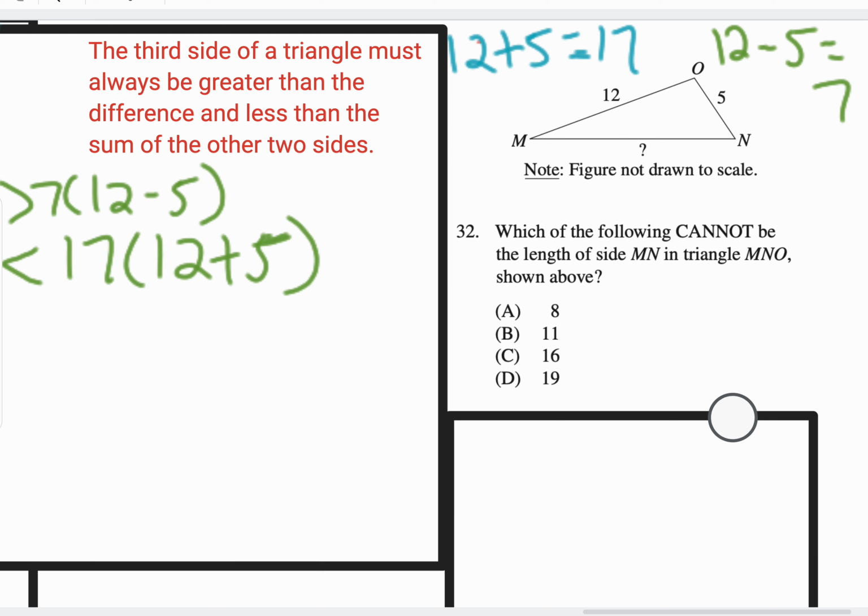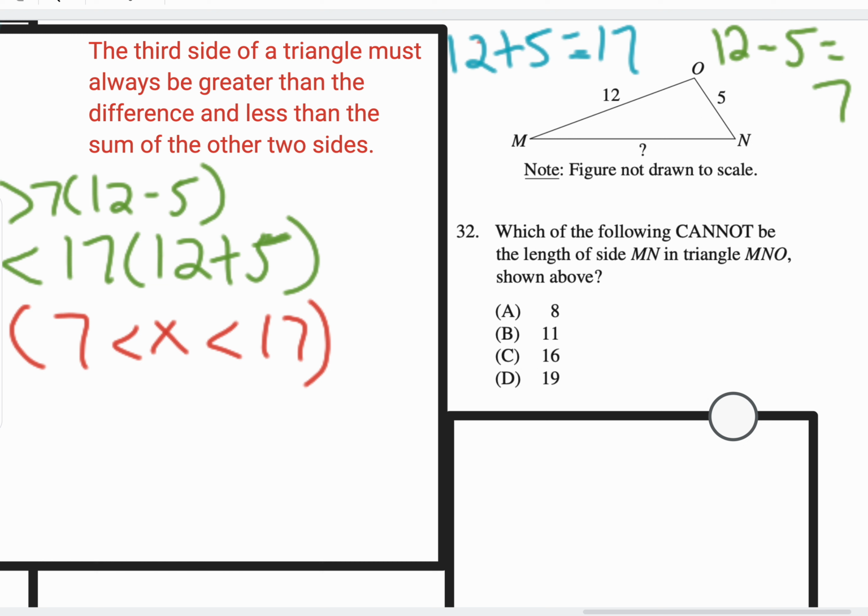Let's restate that. In this case, the third side must be greater than 7, from 12 minus 5, and less than 17, from 12 plus 5. Since A, B, and C fall within this range, seven is less than x is less than 17, they could be possible values for the third side.